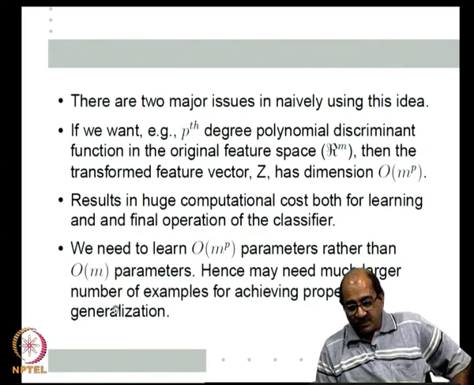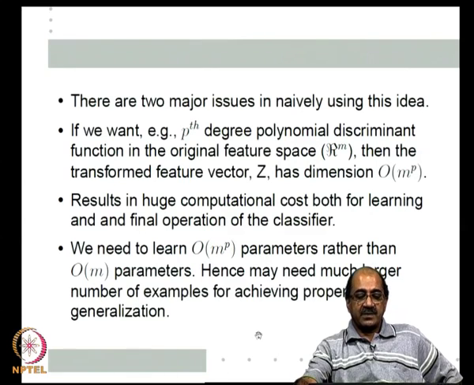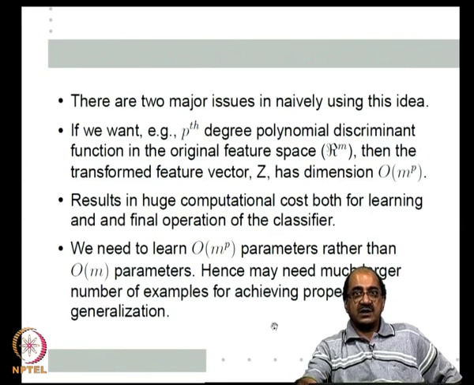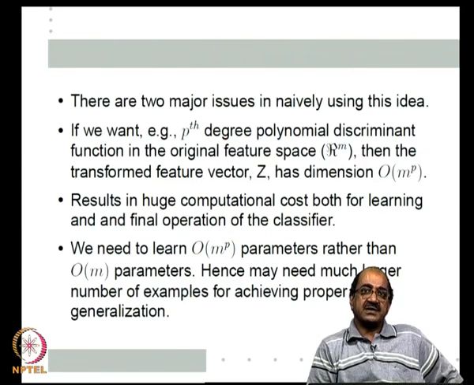Even getting 1000 examples may be difficult, but 10 million examples is much more difficult. Right. Now, this is also an extra problem. So, basically both in terms of computation and in terms of being able to learn well with the available examples, this naive idea will not work.